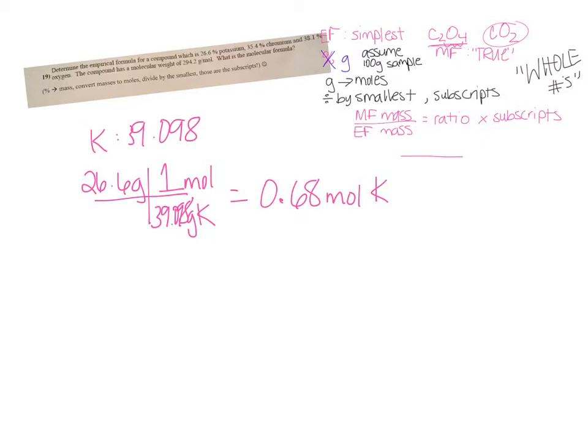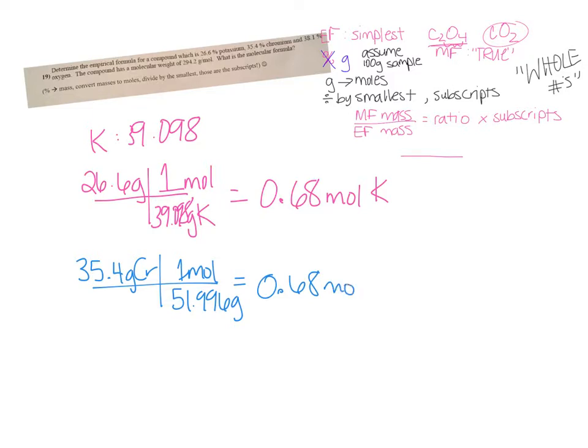For the next one, we have 35.4% chromium, so 35.4 grams of chromium. We know that chromium's molecular mass is 51.996. So we're going to divide by that, 1 mole, okay? And we should be getting 0.68 moles of chromium.